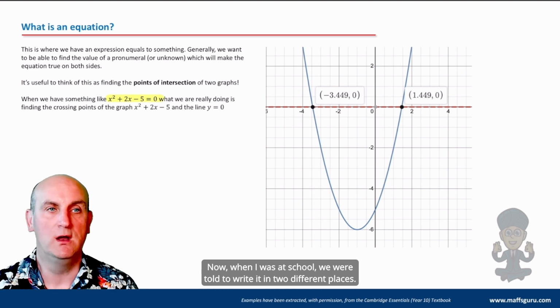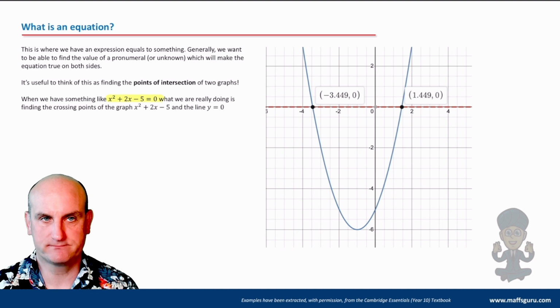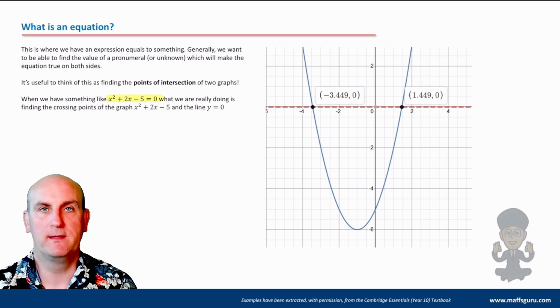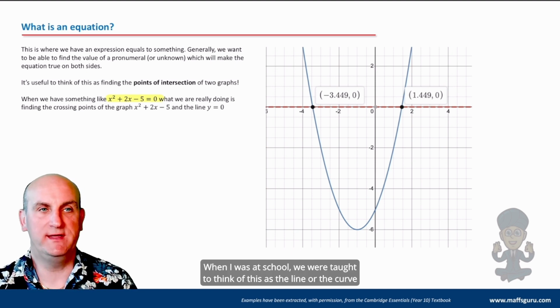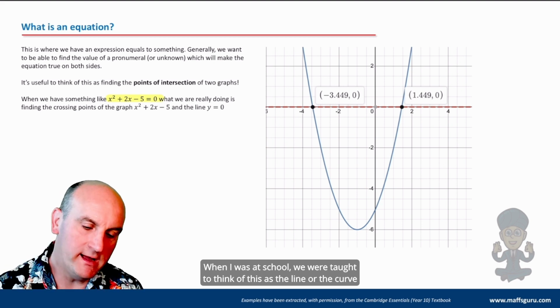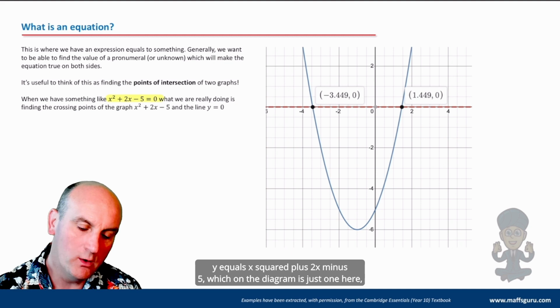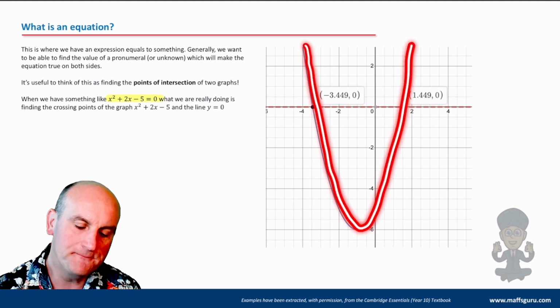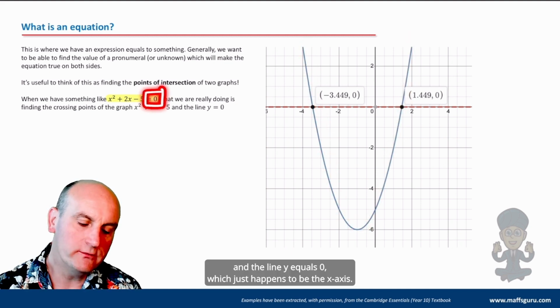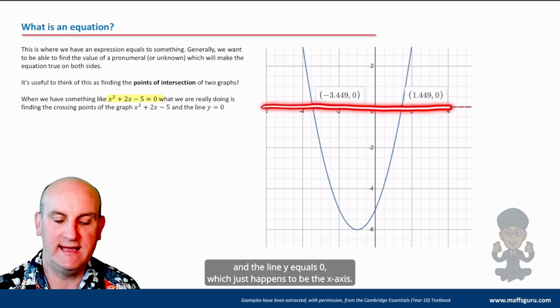When I was at school, we were taught to think of this as the curve y equals x squared plus 2x minus 5, which on the diagram is this one here, and the line y equals 0, which just happens to be the x-axis.